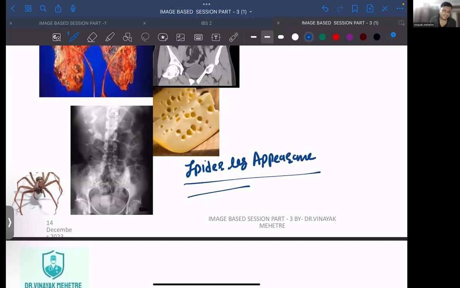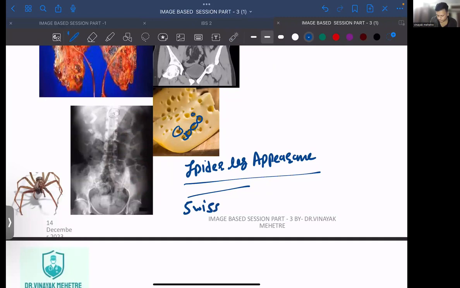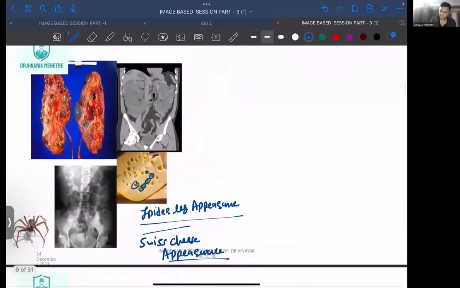And if you have ever been to a fancy restaurant, you would have eaten cheese with holes. Same over here also. Cheese with holes. This is also called Swiss cheese appearance. Swiss cheese appearance, right?